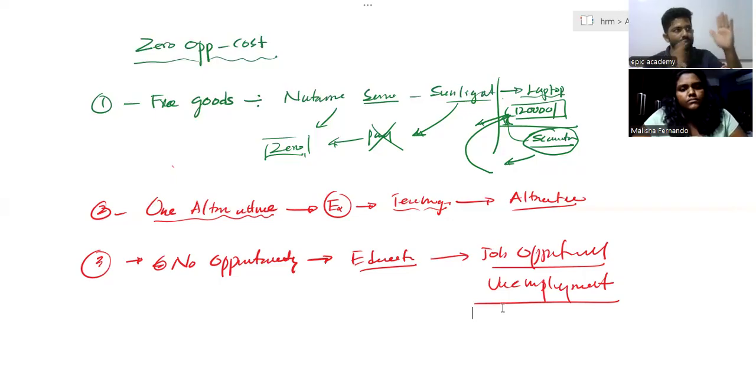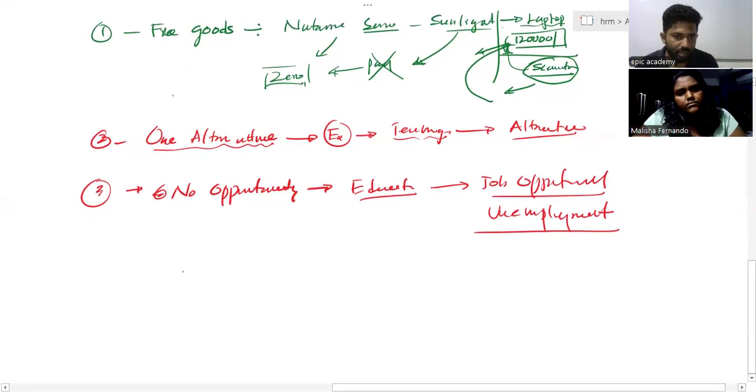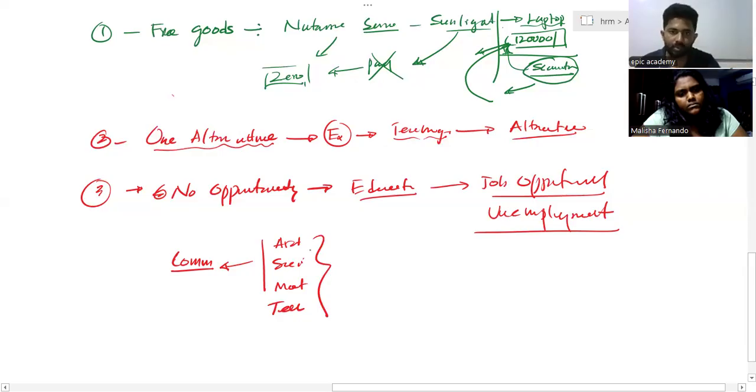Okay, just consider you selected the commerce stream, and you sacrificed art, science, maths, and tech.